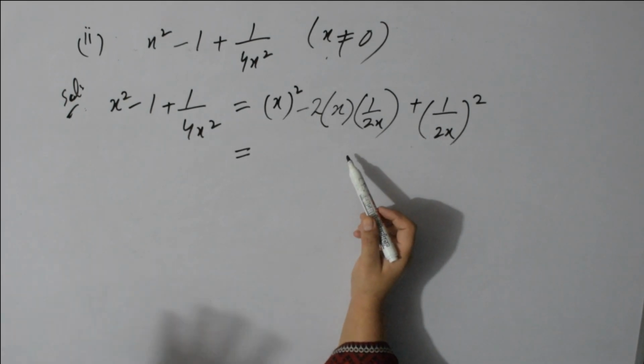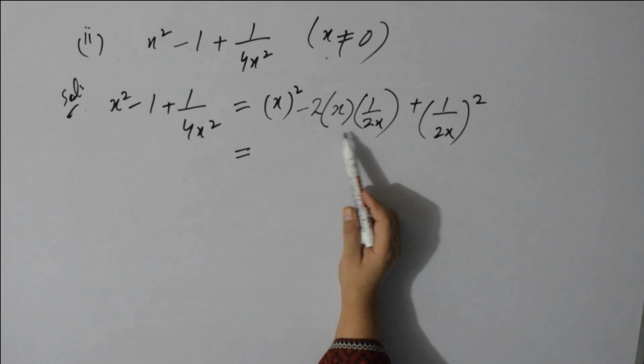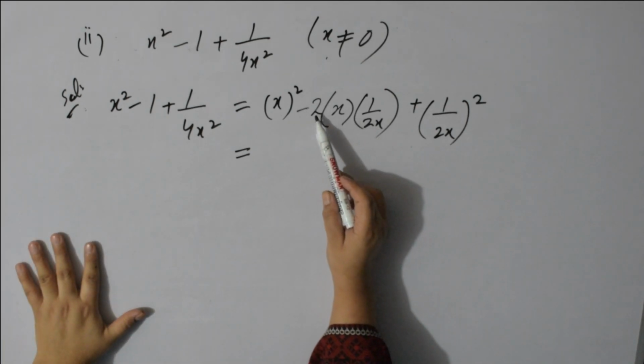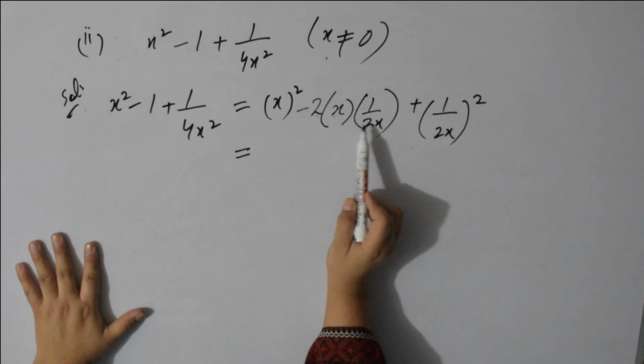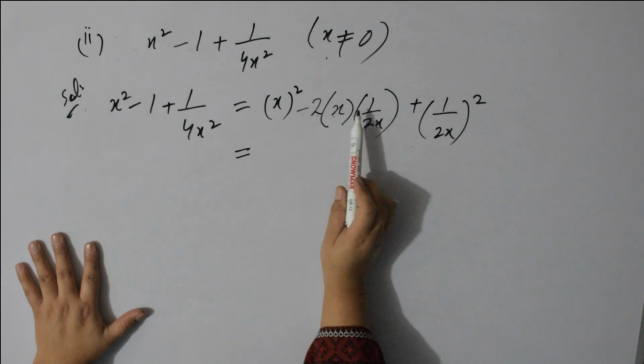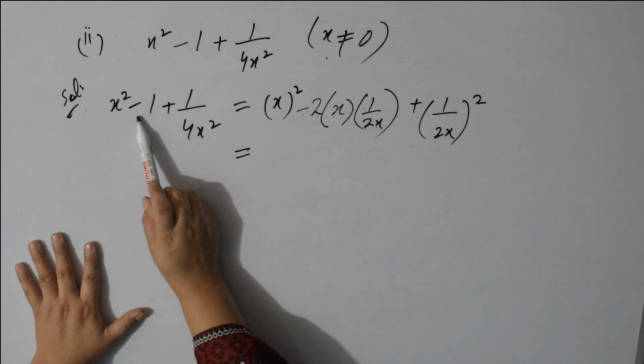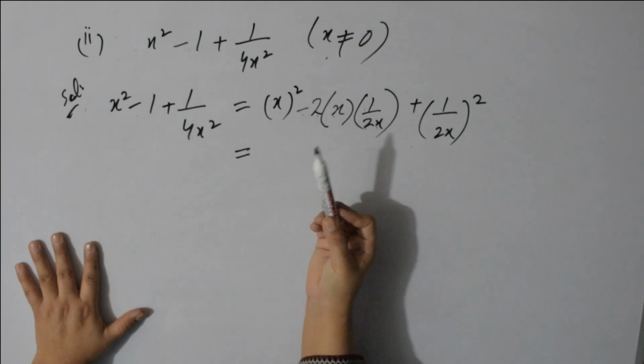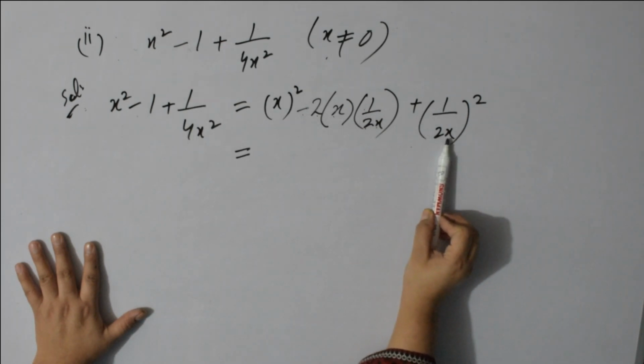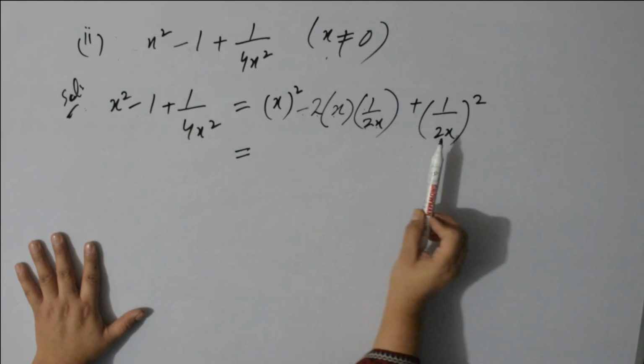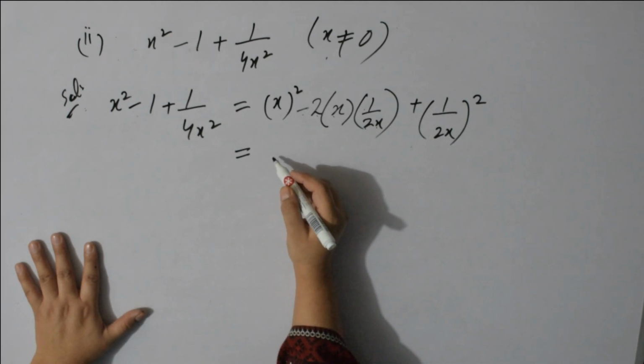Now the time is to check whether my first and third terms, a and b, are correct or not. Look, I cancel 2 with this 2, x with this x, so my result will be minus 1, and see, it is equal to minus 1. So yes, my first and third terms are correct. So close the formula.